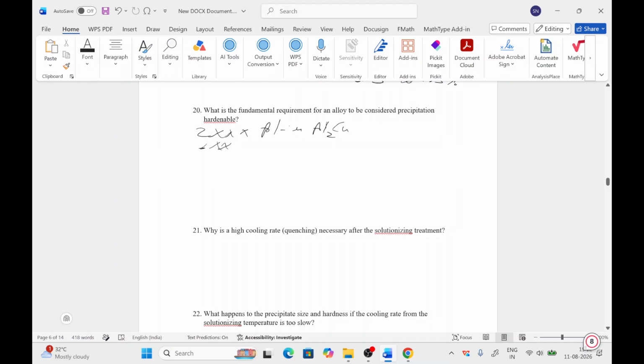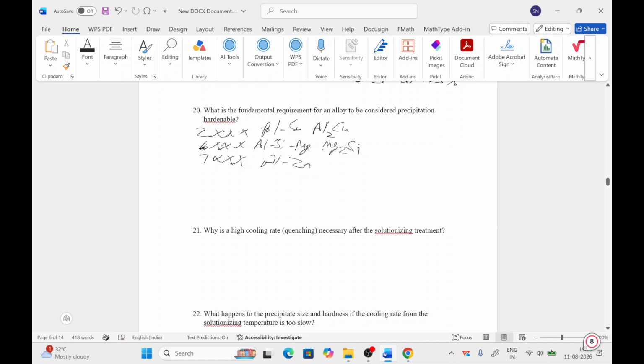In the 6000 series, aluminum silicon magnesium, Mg2Si forms, and the 7000 series, aluminum zinc, is also heat treatable. All these aluminum alloys form precipitates. These precipitates hinder the dislocations and increase the required flow stress for deformation. So the strength of the material increases.